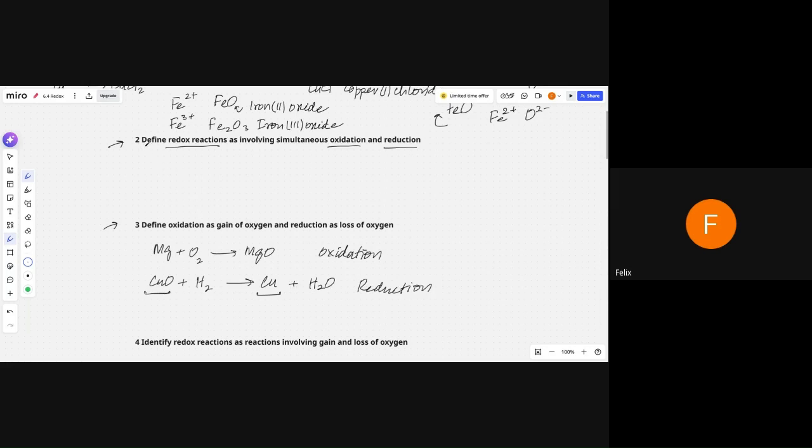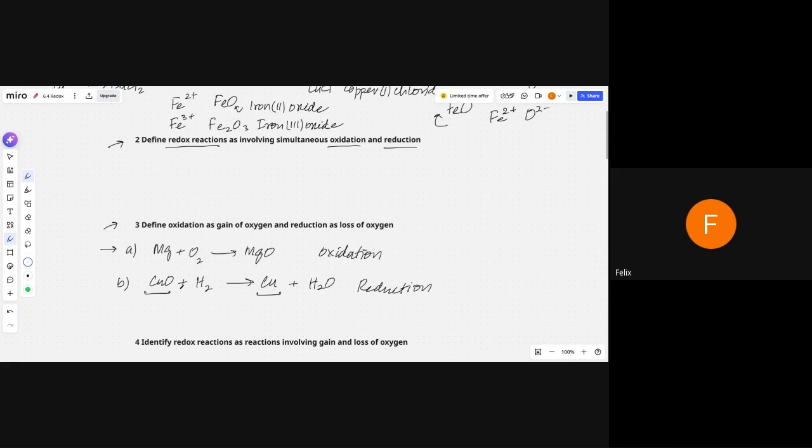So now let's go back to topic number 2, which says to define redox reactions as involving simultaneous oxidation and reduction. You may be thinking, why have I written only oxidation in front of this reaction? If it's a redox reaction, if oxidation is taking place, a reduction must also be taking place in reaction A. And in B, if I have written reduction, according to topic number 2, there must also be oxidation taking place.